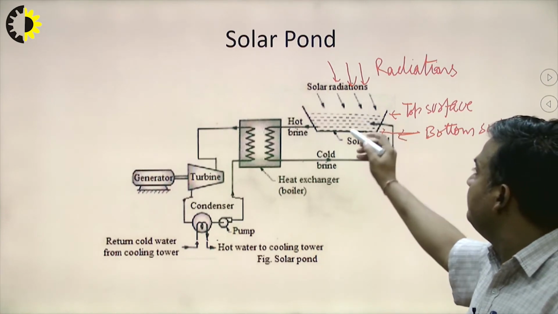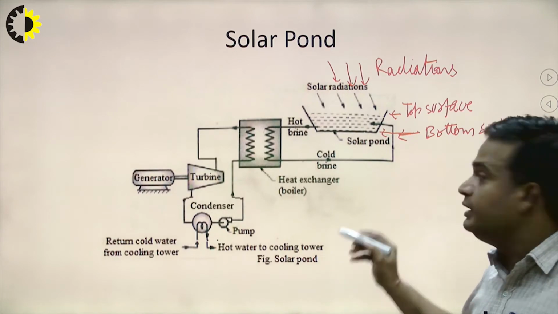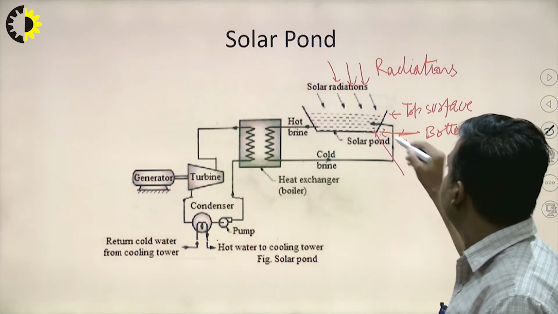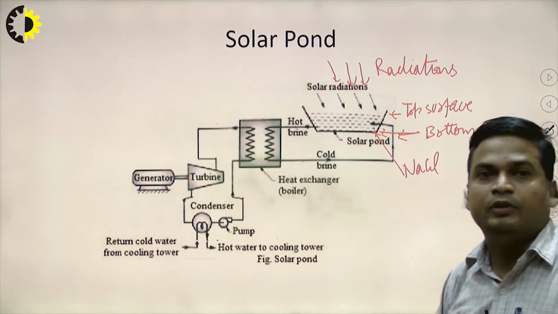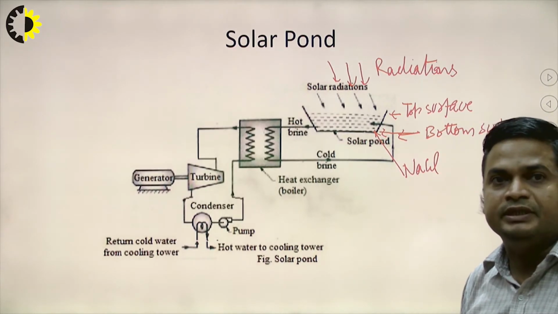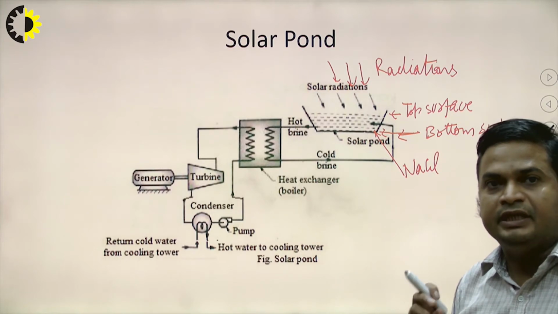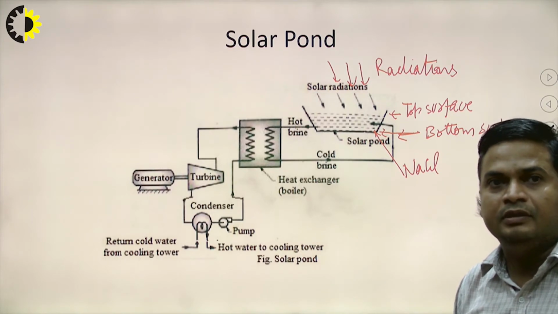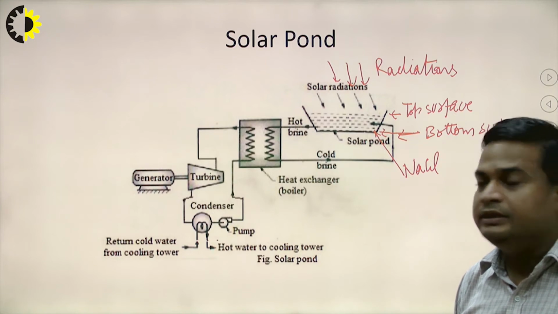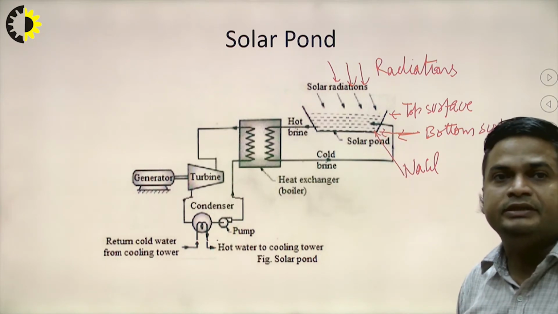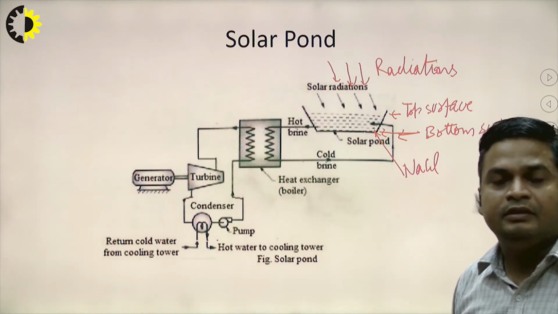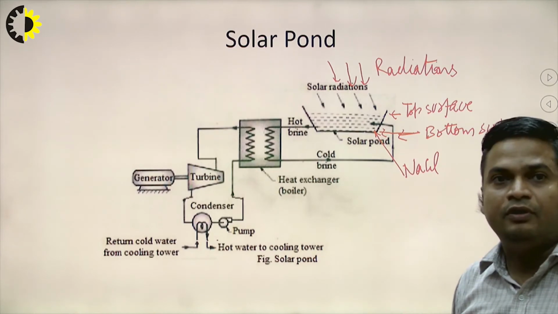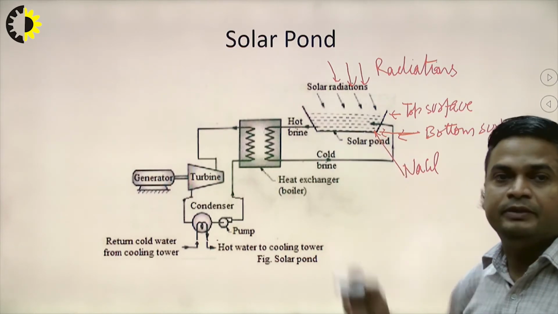These radiations come to the bottom surface, where there is sodium chloride solution, or brine solution, as a thick layer. These radiations are absorbed by this sodium chloride solution, and thereby the temperature of the brine rises and it becomes hotter than the layer above it.